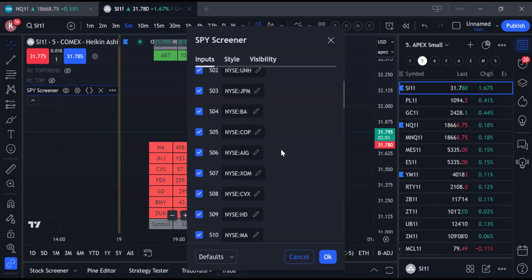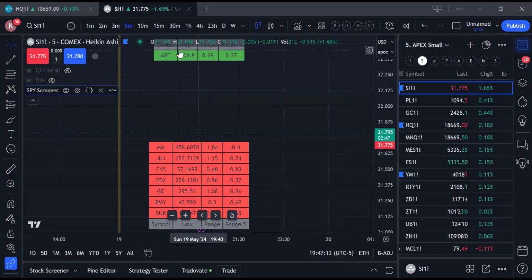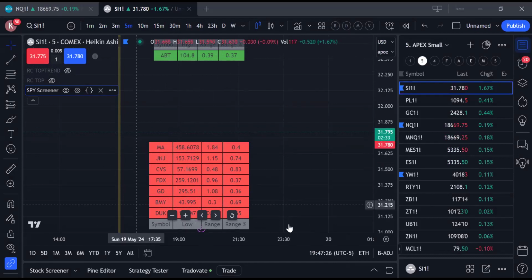Out of the 40, 50 stocks which we give, it will tell us, okay, this stock is at the bottom or this stock is at the top. So if some stock is at the top, what is the possibility? In the morning, the stock is at the top of the channel and these stocks are at the bottom of the channel. So what is the possibility now in the rest of the day? What do you think can happen?